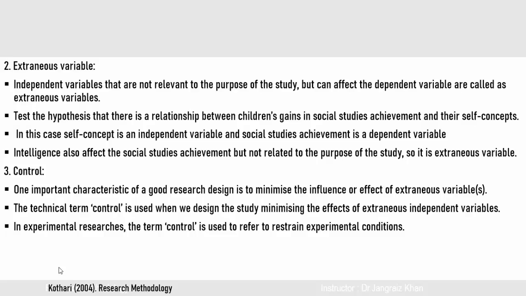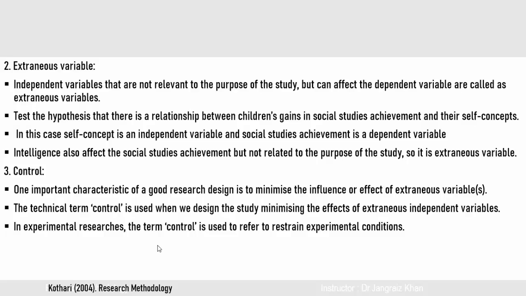Control. One important characteristic of a good research design is to minimize the influence or effect of extraneous variables. The technical term control is used when we design the study minimizing the effects of extraneous independent variables. In experimental research, the term control is used to refer to the restrained experimental conditions.